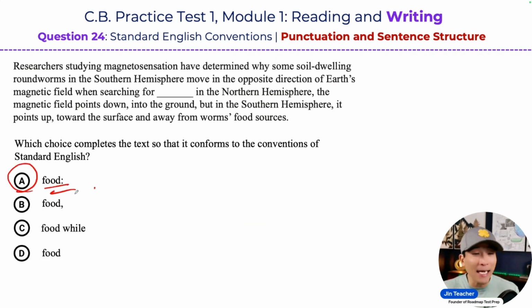There are two ways to get to the correct answer here. One is by knowing your colon rules and checking those three things. The second way is by eliminating wrong answers. Again, to recap, the most important thing that you can do is recognize what question type you're being tested on. If you're being tested on sentence structure, make sure to read with sentence structure in mind.